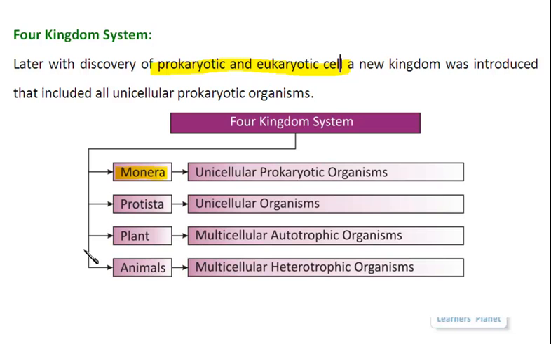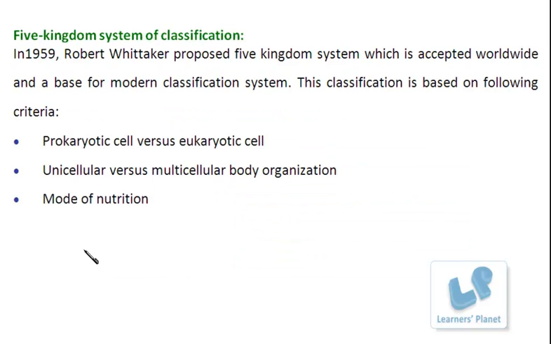You know who proposed this five kingdom system? Let me tell you. It was proposed by Sir Robert Whittaker in 1959, and this five kingdom system actually became the base for the modern classification system.